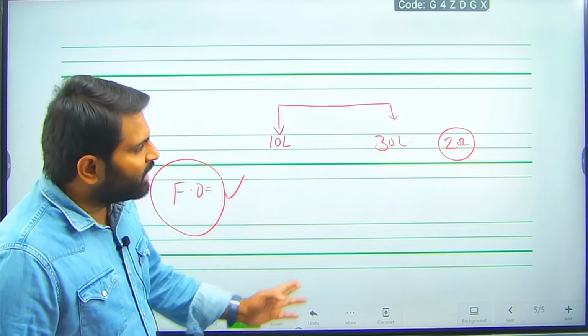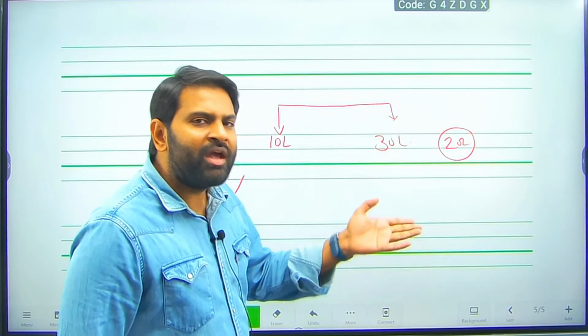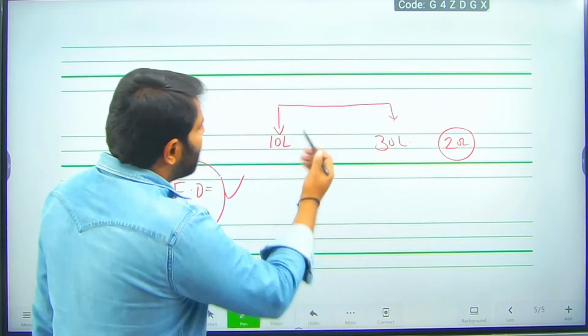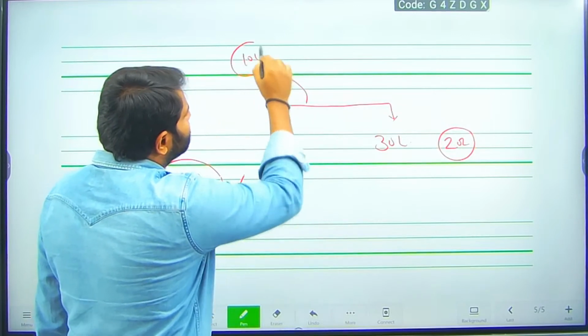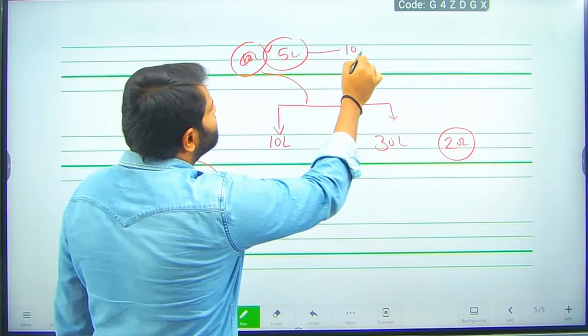Understood? And in this 20 lakhs also, there will be some money which I have to pay for the interest which I have taken last year as a loan. I would have taken last year a 10 lakhs loan or 5 lakh loan, for which I need to pay maybe 10,000 rupees interest.